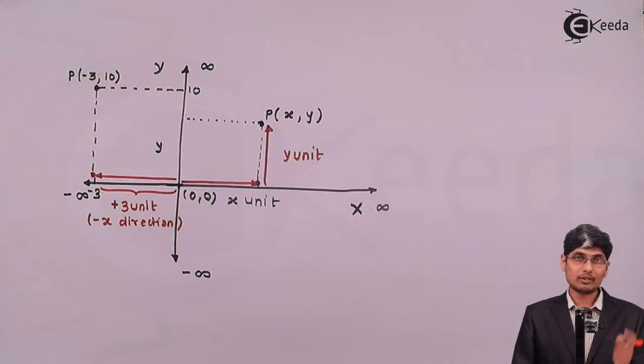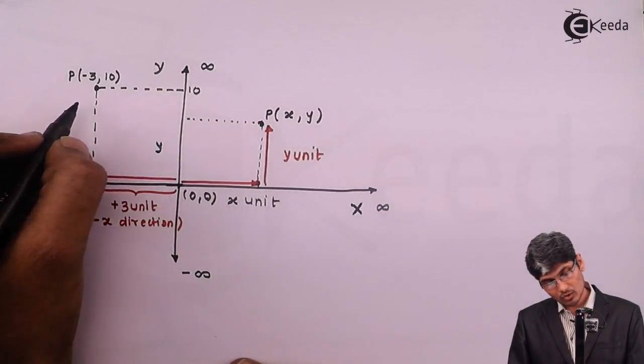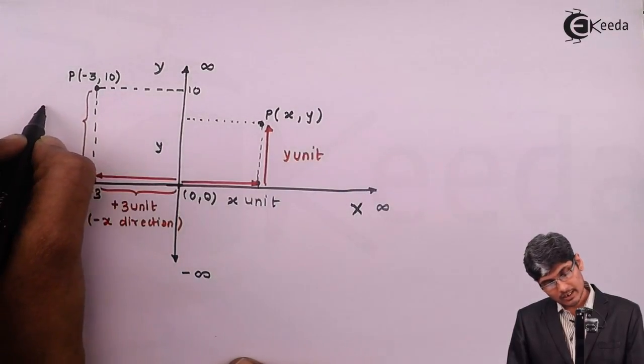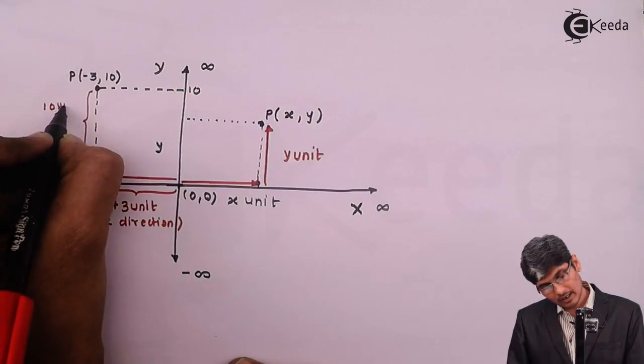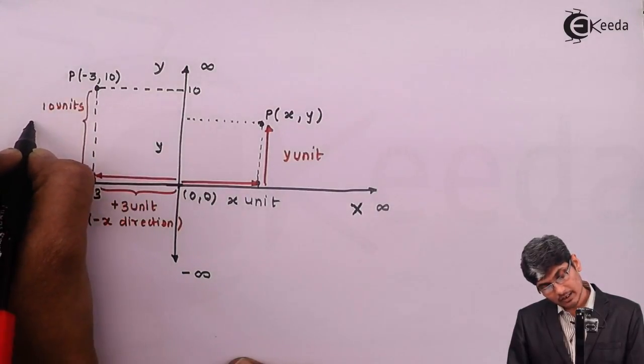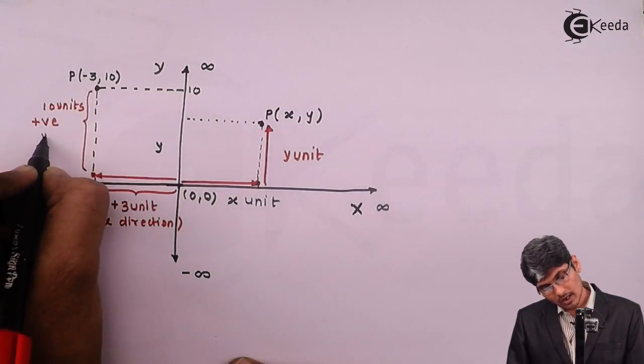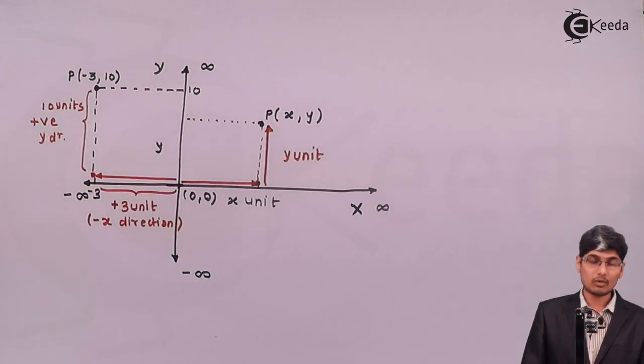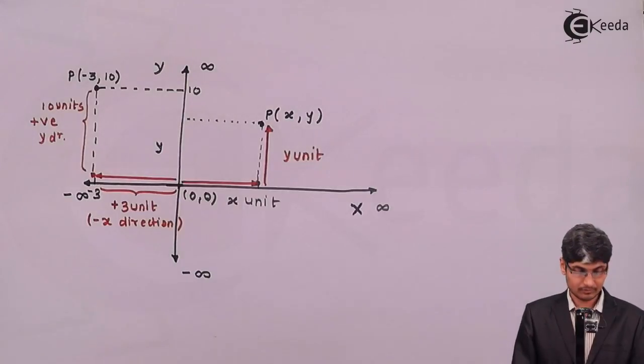Now I have to go up, isn't it? So I will go up. How many units? Here I will move 10 units. And in which direction? In the positive y direction. So I'm moving 10 units in the positive y direction.